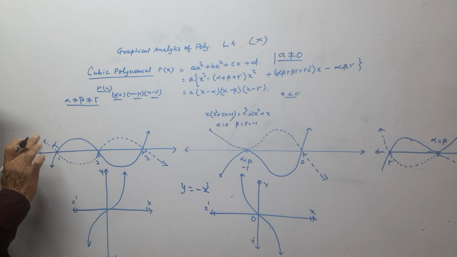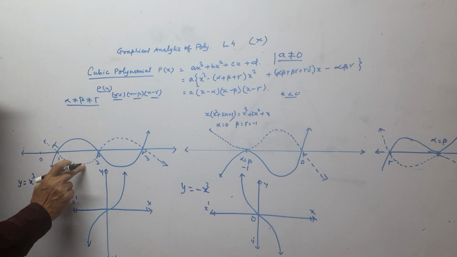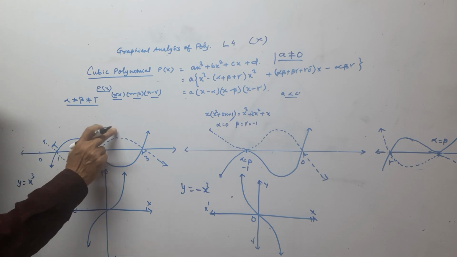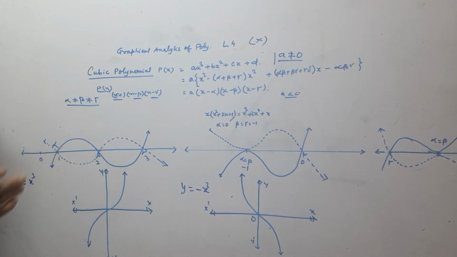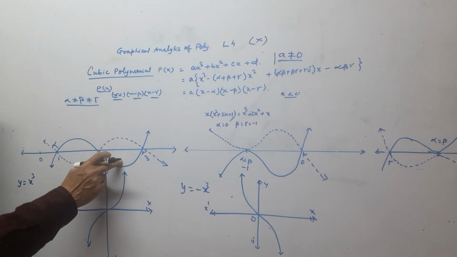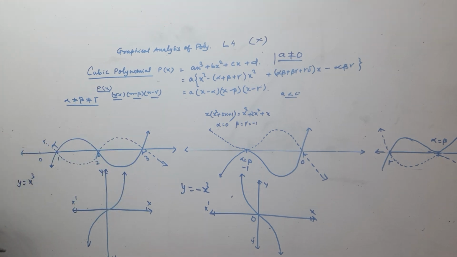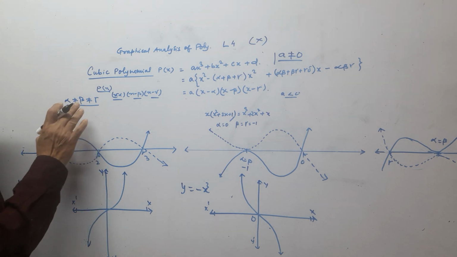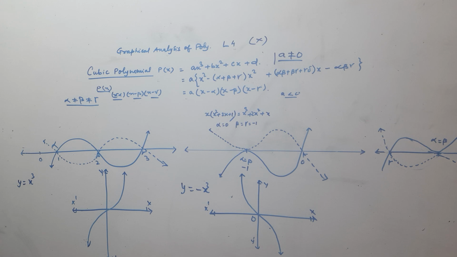So it will be positive, negative, positive, negative, alternating. Here it is negative, positive, negative, positive. So both cases can be possible when alpha, beta and gamma are not equal.